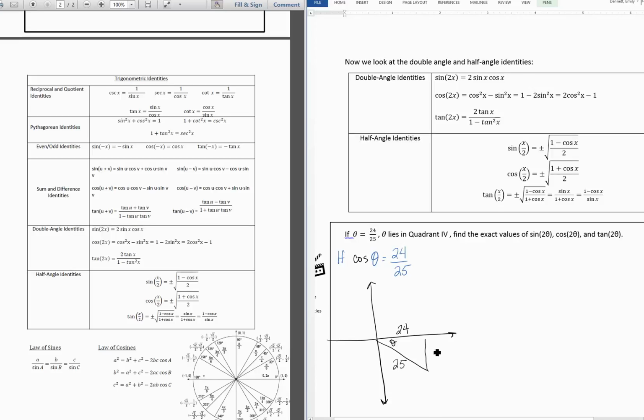And we need to use the Pythagorean theorem to find this side. So we'd say 24 squared plus b squared equals 25 squared. So b squared is equal to 25 squared minus 24 squared, so b is going to be the square root of that.